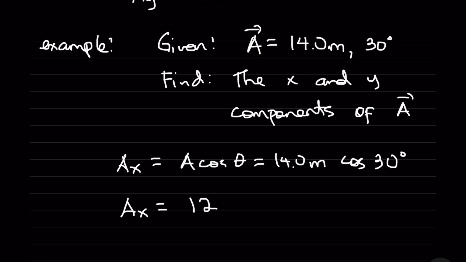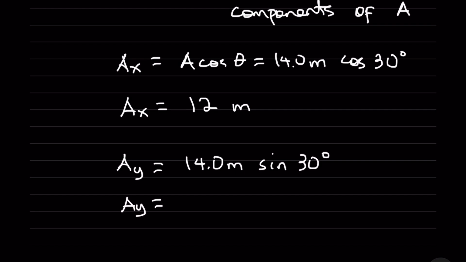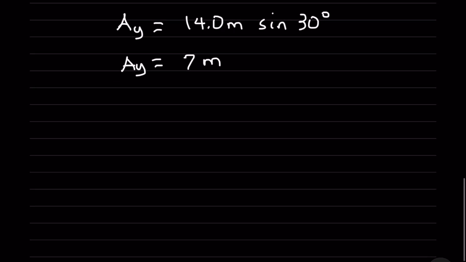Substituting the values, you will find that ax is equal to 12 meters. Likewise, for the y component of vector A, that is equal to a times sine theta, or 14 meters times sine of 30 degrees. The result is 7 meters. So that is a very simple way of finding the components of a vector.